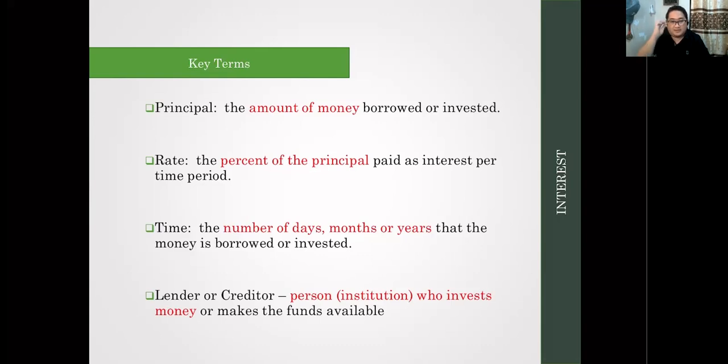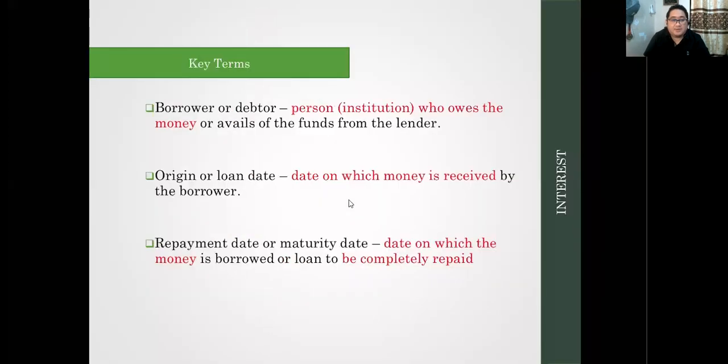Naka-emphasize naman nun in red. Then lender, creditor, syempre yung person who invests money or who lends money. And then borrower o debtor, syempre yung nangungutang. Then origin or loan date is kung kailan na-receive ng borrower yung inuutang ng pera.